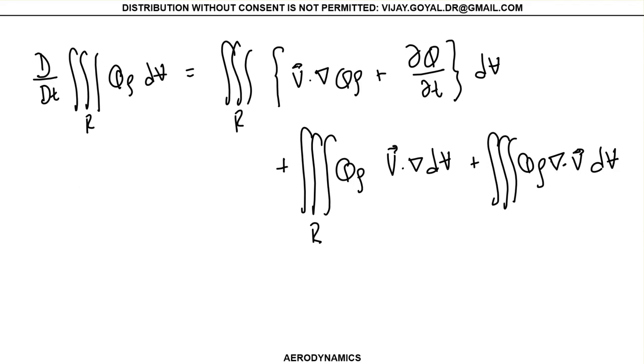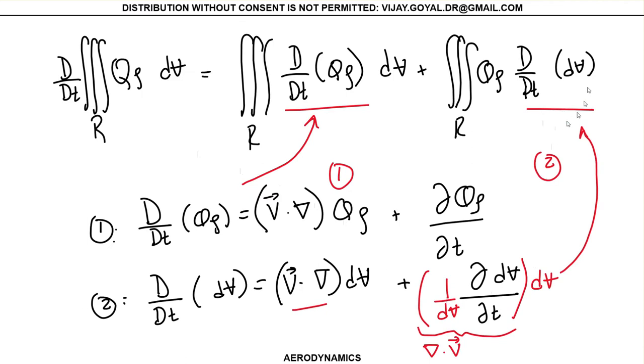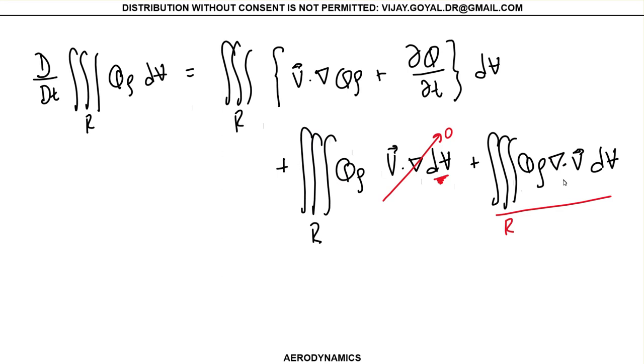Now note that this quantity dV is a constant, so this term will go to 0. The only term I'm left with is the one in the second integral. That's where I get this expression from.